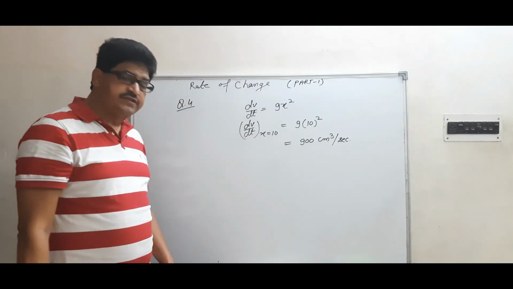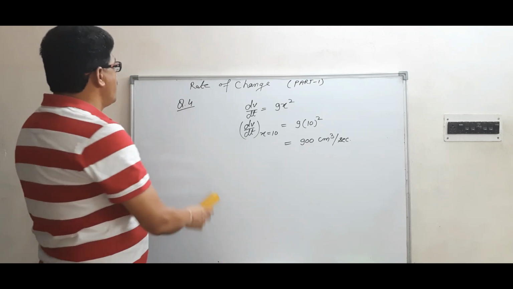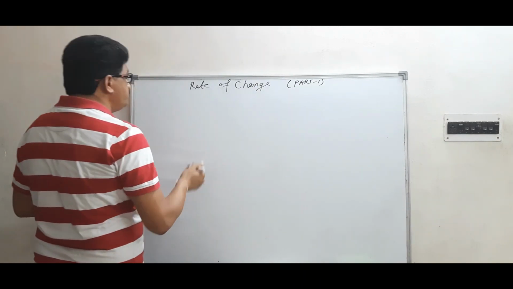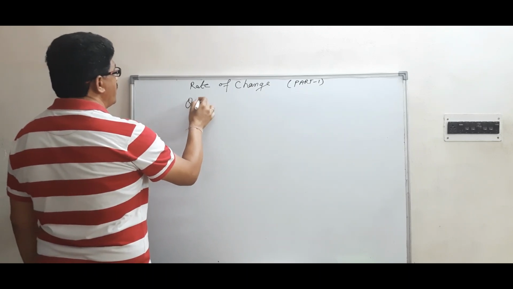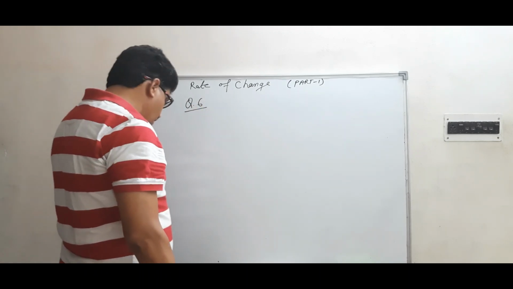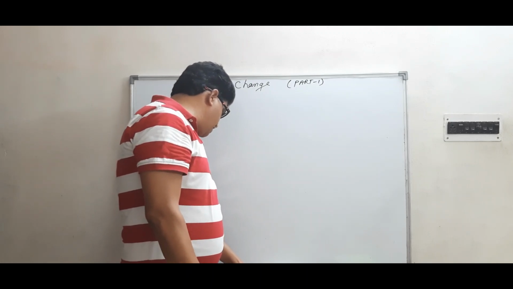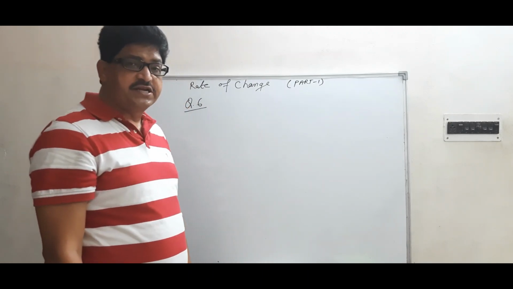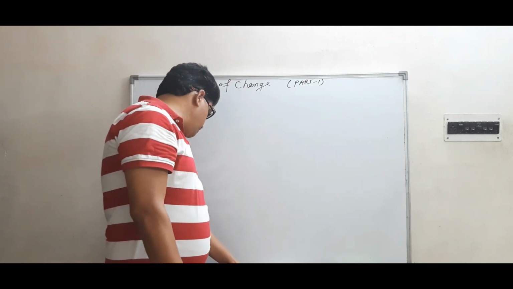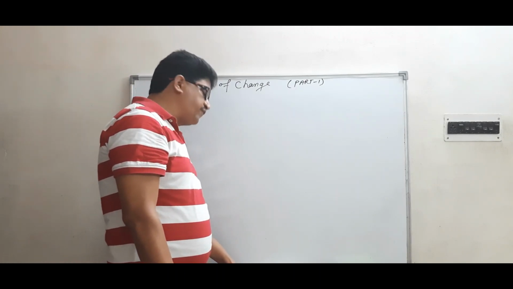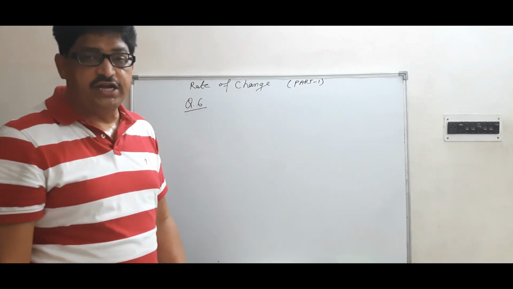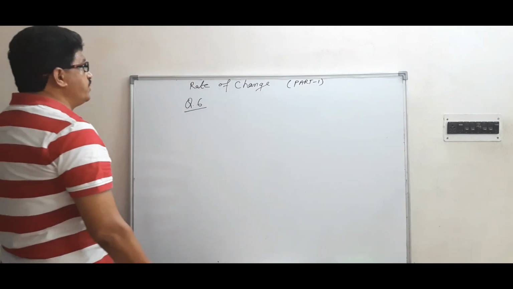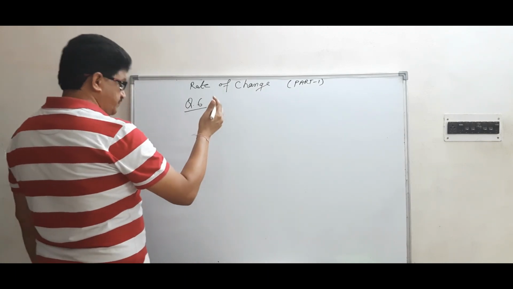Question number 6. The radius of a circle is increasing at the rate of 0.7 centimeter per second. What is the rate of increase in circumference? We have to find the rate of change of circumference.